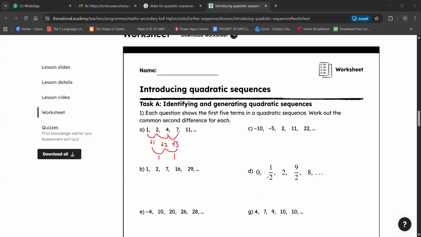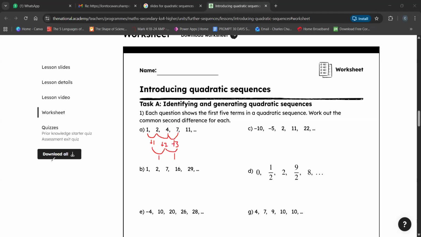I don't know if this one that has a fraction would be easy for you to discern, but is this something that you can handle? Figuring out the common difference, the common second difference rather, for each of them. It's not hard to do this one. It's just the formula, right?